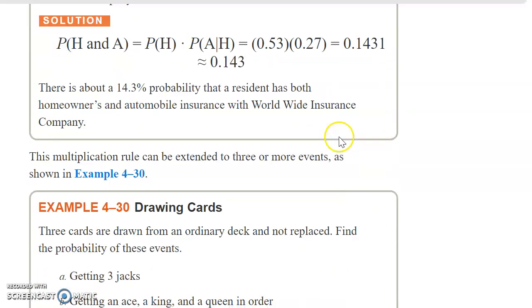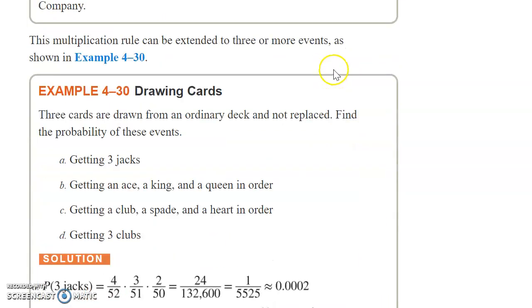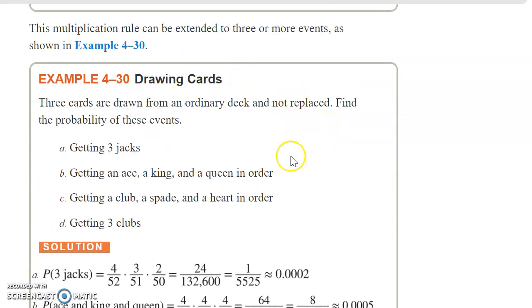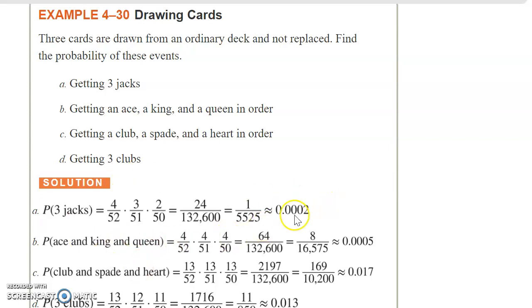Okay. All right, let's see if we can come up with a better example here. Drawing cards, you can figure it out just by observation. The probability of getting an ace, a king, and a queen in order. Let's do B here. So the first one you get in order, 4 out of 52. You do not replace, according to this.